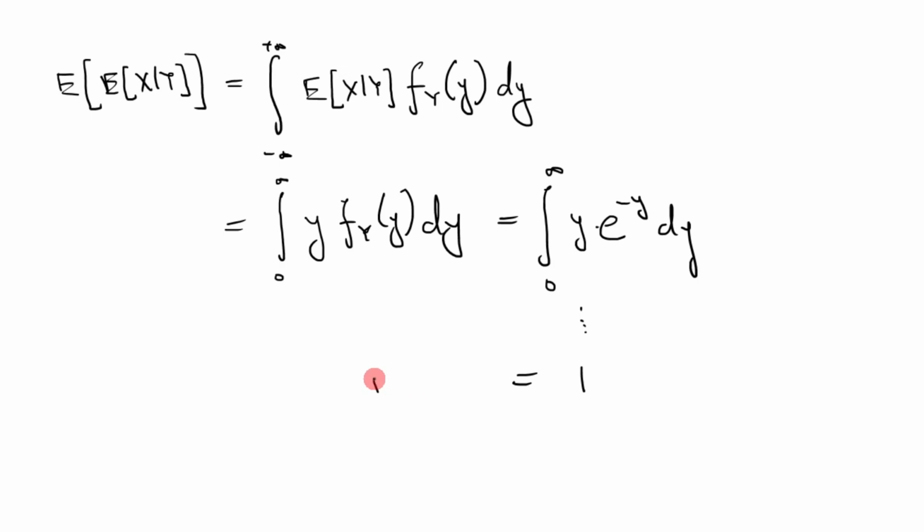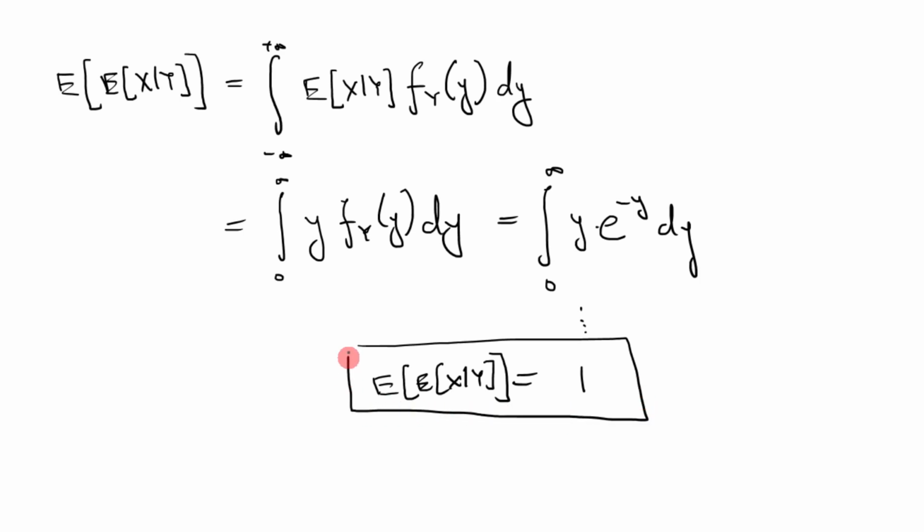So this expectation of expected value of x given y is equal to 1, and actually this 1 is expected value of x.